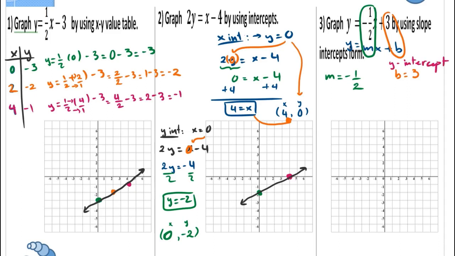And b is a short way of writing beginning. We're going to begin at b, which is 3 on the y-axis, and then the slope is negative 1/2. That tells you to go down 1 and sideways 2, down 1, sideways 2, down 1, sideways 2, down 1 and sideways 2. Then we draw the line through those 4 points. Alright, that's it.